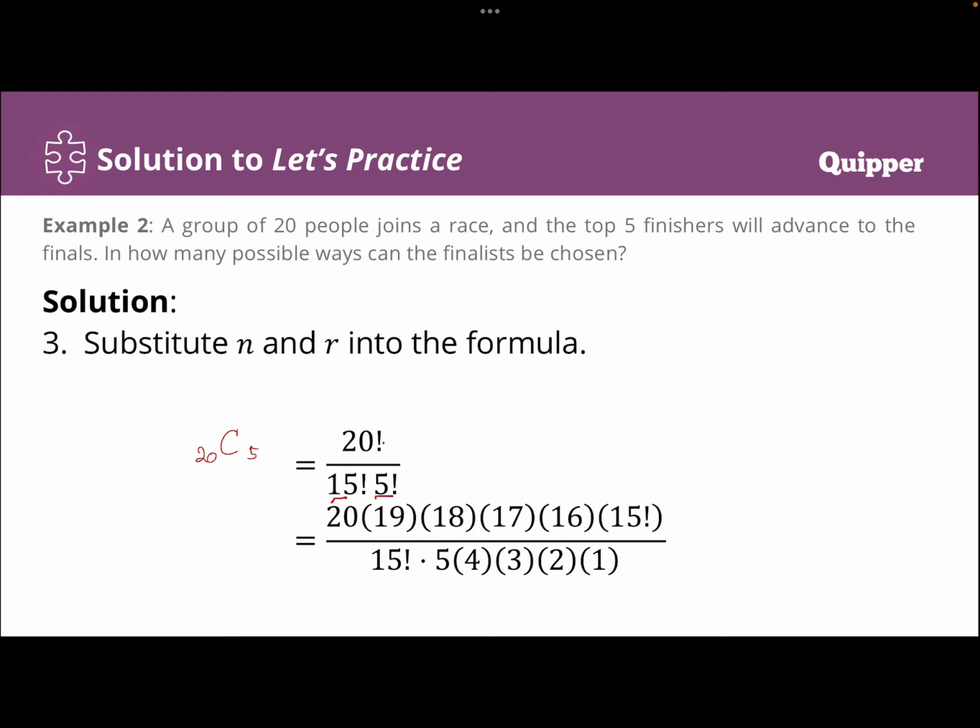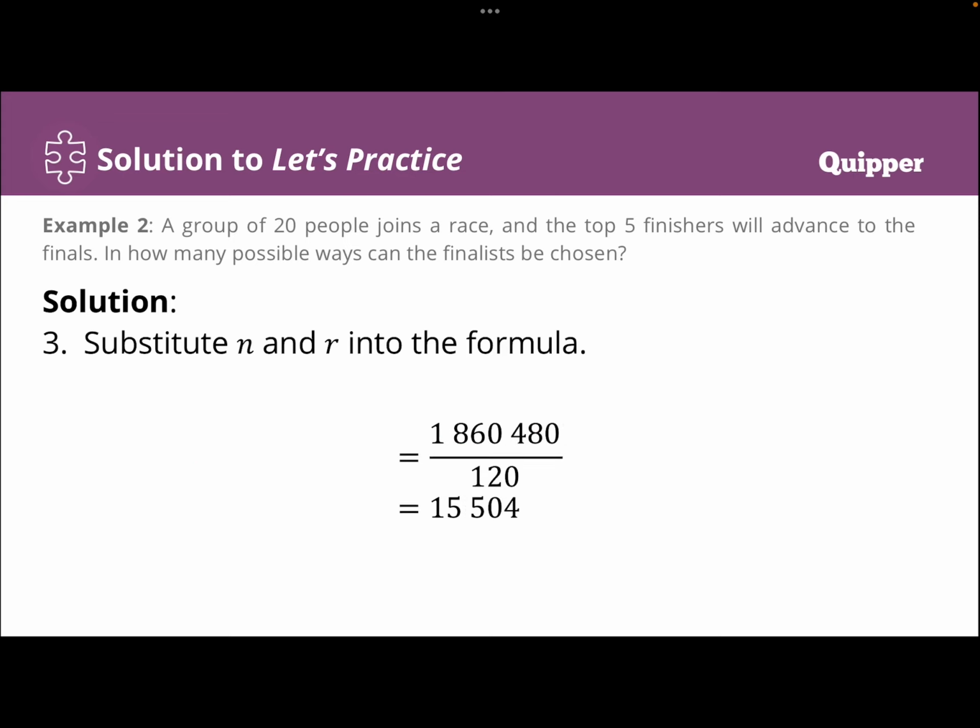So, let's expand 20 factorial up to 15 factorial. In our denominator, the highest number is 15 factorial, so in the numerator we only expand down to 15 factorial so that we can cancel it, to make our value smaller. So, 20 times 19 times 18 times 17 times 16 divided by 5 times 4 times 3 times 2 times 1. So, let us simplify.